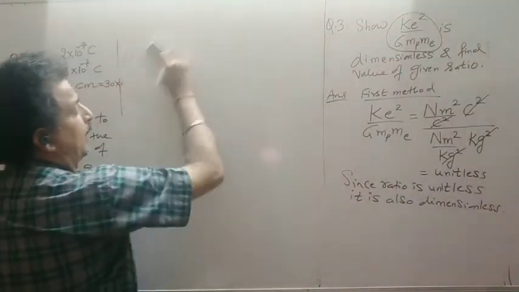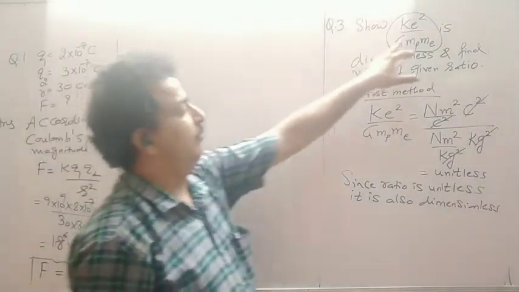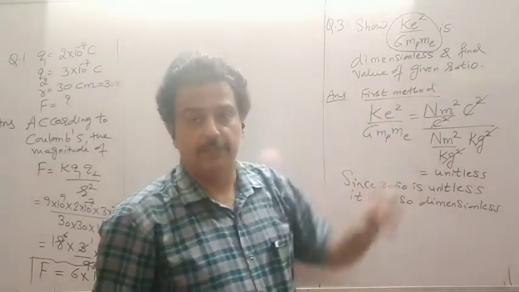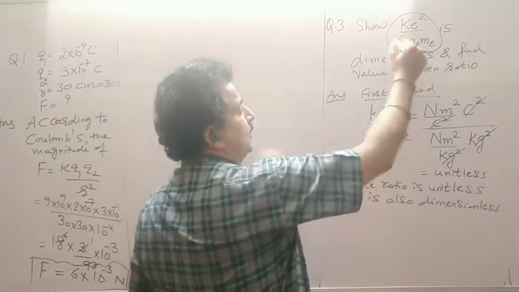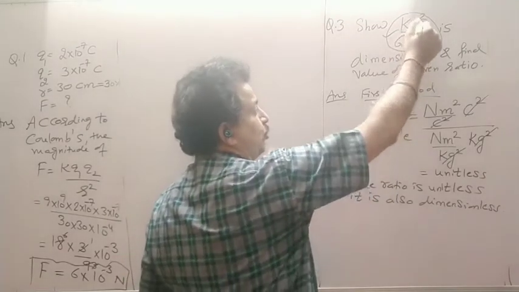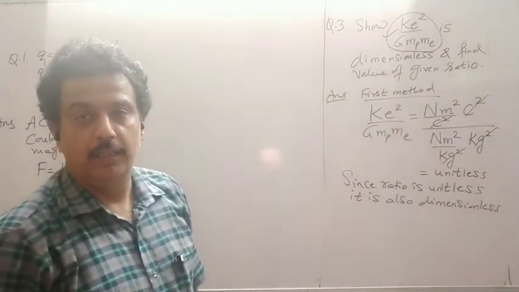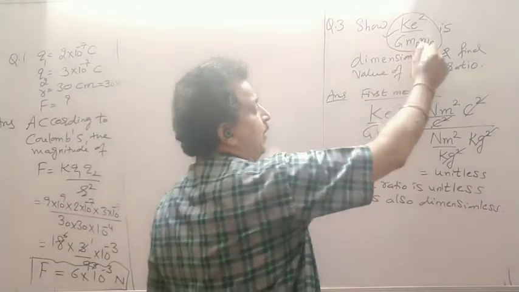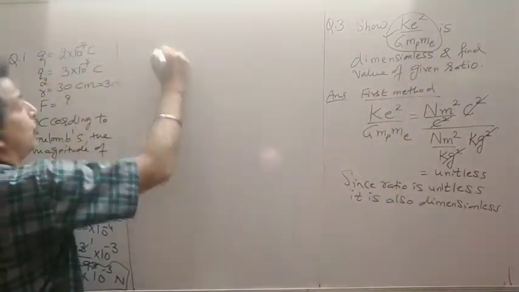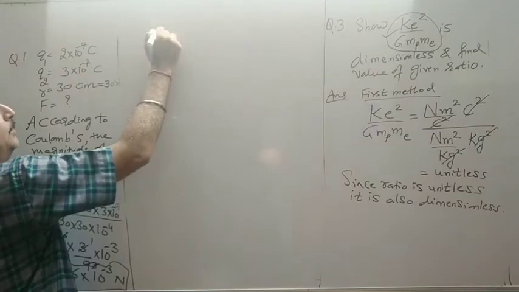Now the second method, because further we have to find out the value of the given ratio also. From this ratio it is clear that K e square comes in the electric force and G Mp Me comes in the gravitational force. So the second method.